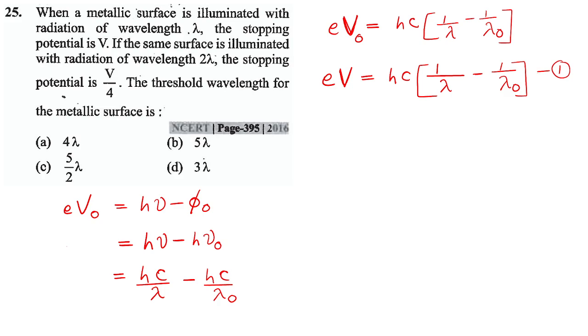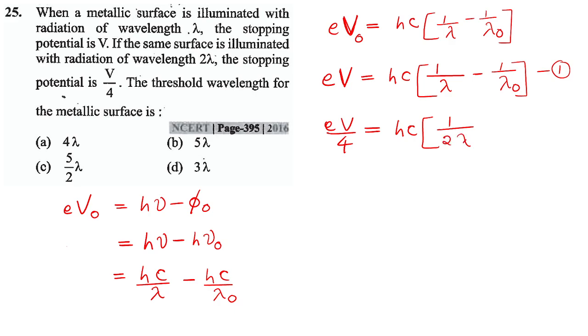Now in the second case, the wavelength is changed to 2 lambda, and the stopping potential becomes V by 4. Means V0 becomes V by 4. On the right side, hc remains hc itself, and 1 by lambda becomes 1 by 2 lambda.